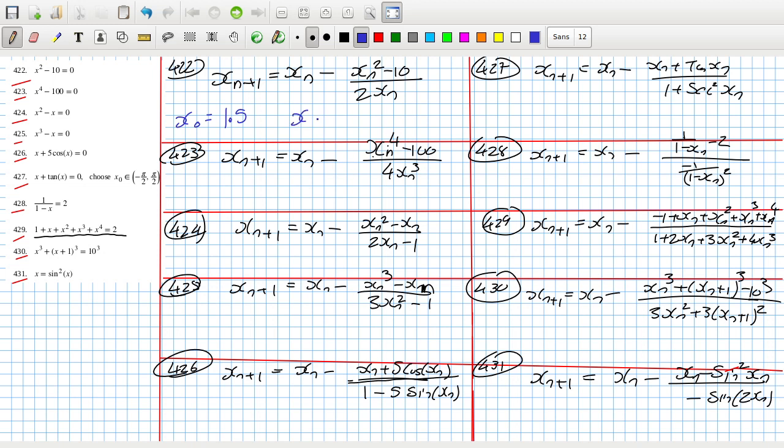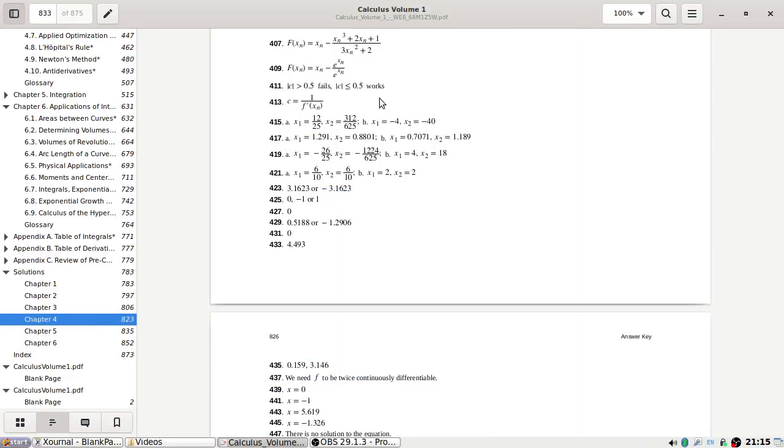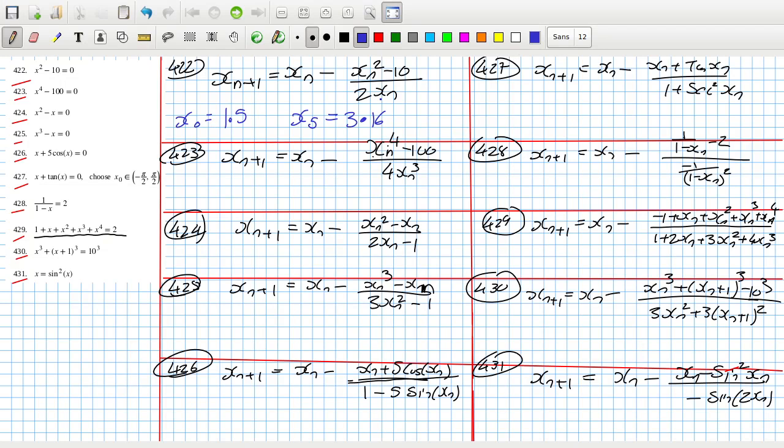So x5 equals 3.16. How many decimal places do they have here at the back? Looks like we're going for 3.1628. Next, x0 equals 1.5. So what would x5 equal? Answer to the power 4 minus 100 over 4 times the answer cubed. 1, 2, 3, 4, 5.